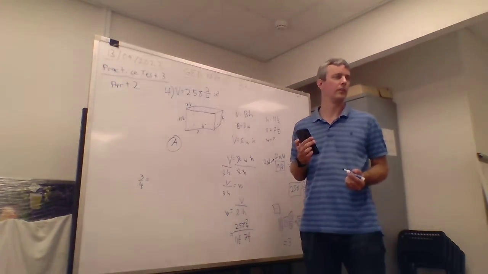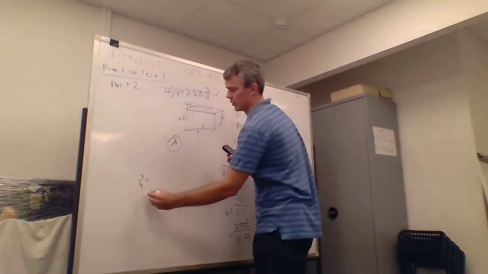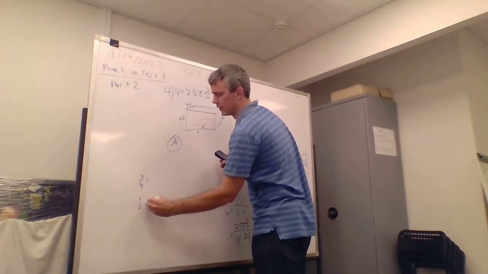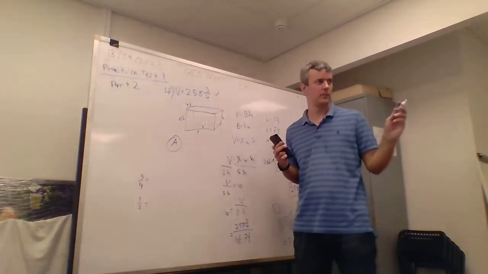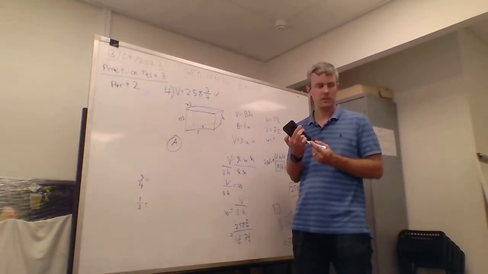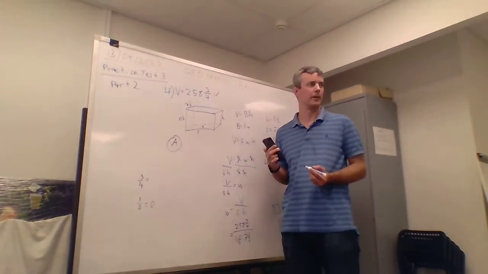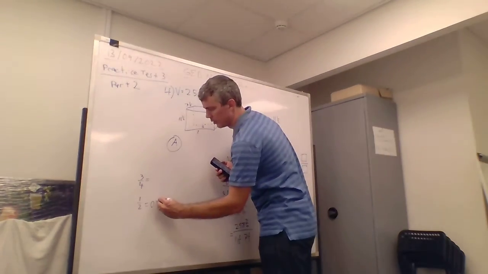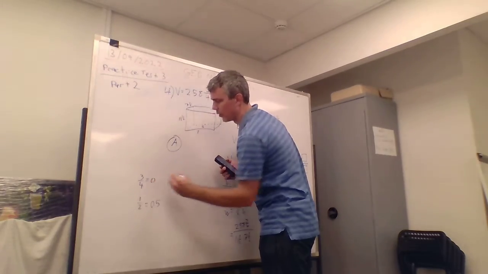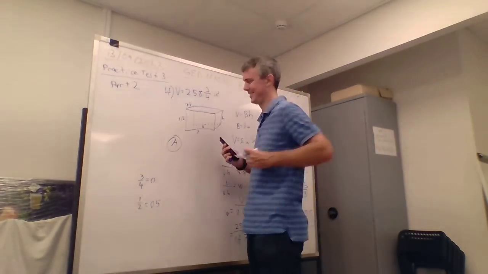Do you remember what 3 over 4 in decimals is? 1 over 2 is what in decimals? 0.5. 1 over 2 is 0.5, okay? And 3 over 4 is 0.6? No. You remember, you need to know these.